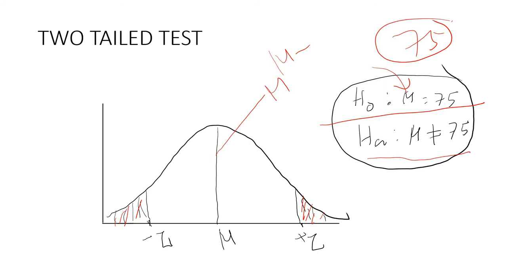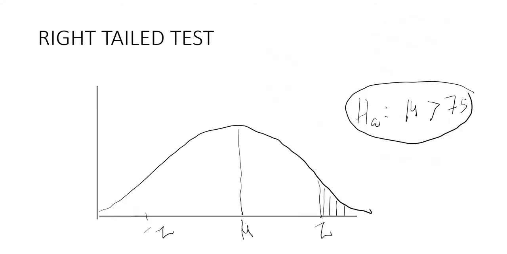So it can be less than 75 or greater than 75. That's why we get a two-tail test. It can come on both sides, right? Not equal to 75 means it can come to this portion and to this portion, less than 75 and greater than 75. That is a two-tail test.